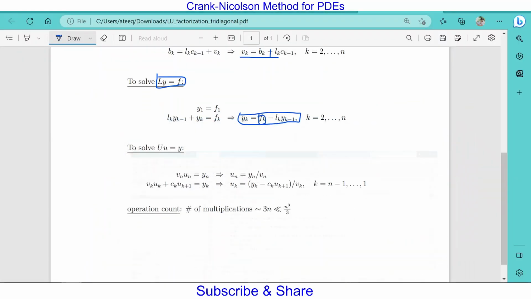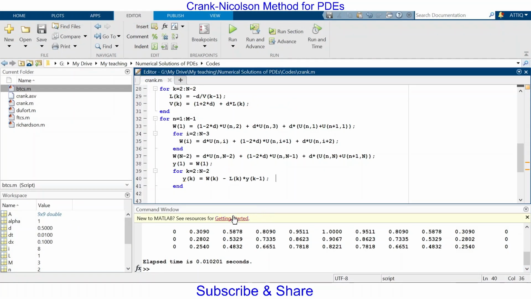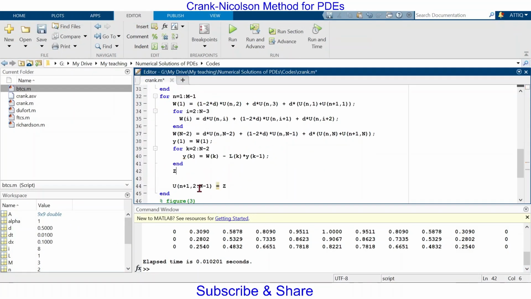And for this, we will know the last value, which will be u nth value, y nth divided by v nth value. So let's say we are storing the answers again in z.